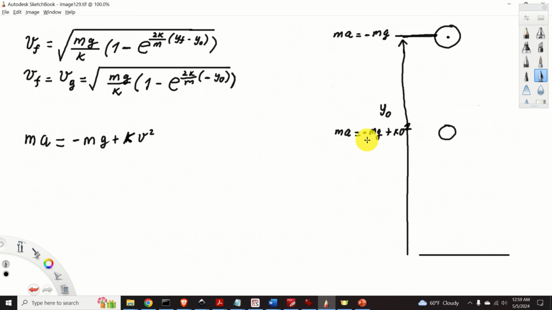So what will happen with the acceleration? The acceleration that will be obtained by dividing minus mg plus kv squared over m will actually decrease. Why is that? Because the velocity will actually increase. And then what will happen?